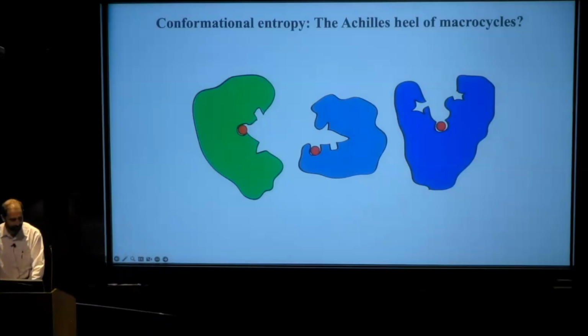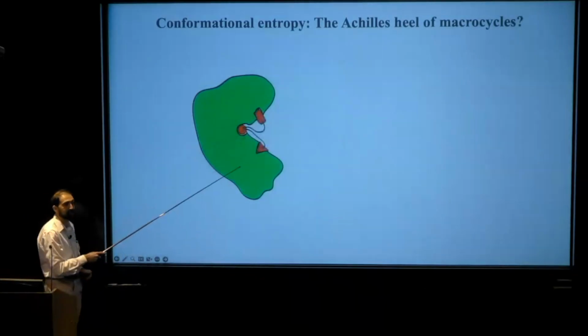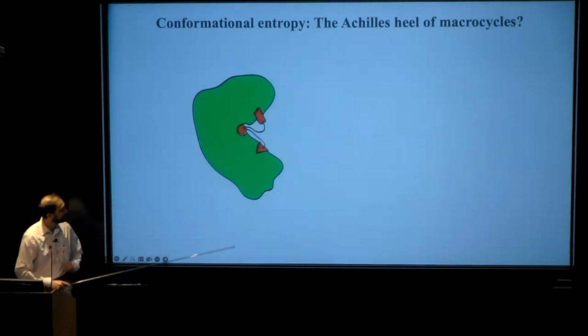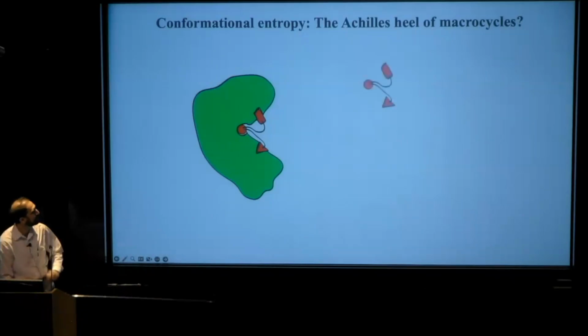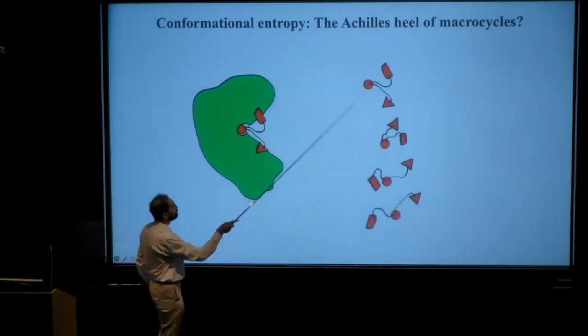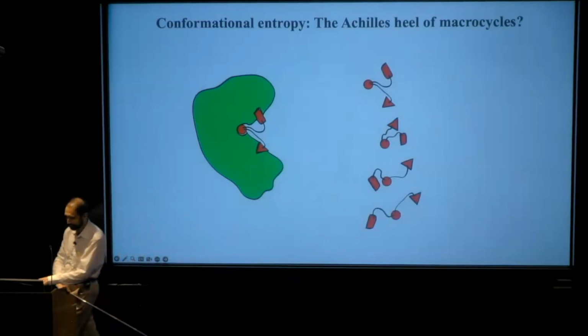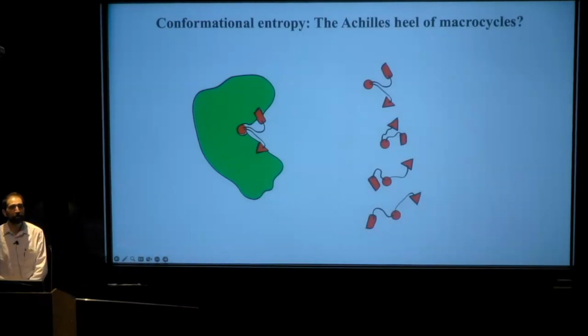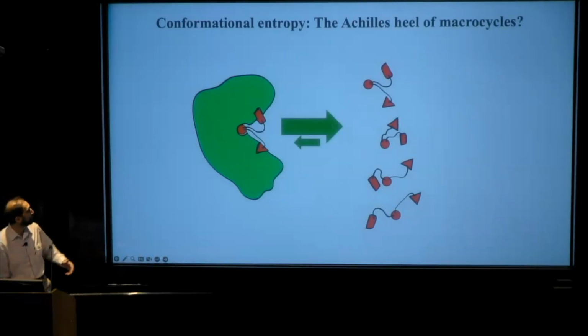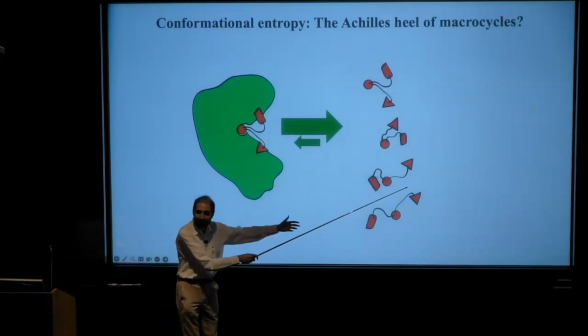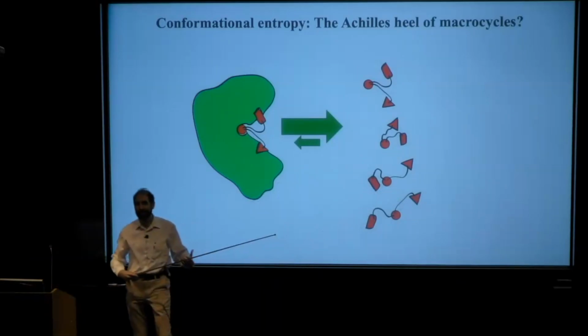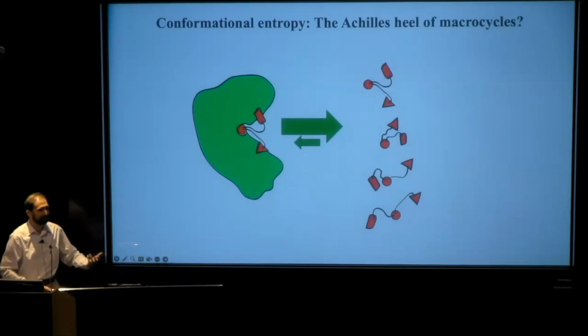So you make the molecule larger and you try and make more specific interactions with your target. The trouble is a larger molecule in this medium-sized range is floppy. And if it's flexible in solution and ordered in the bound state, there's an entropic penalty associated with binding. And that pulls the equilibrium towards the unbound state. So you've made the molecule bigger, but now it doesn't bind as well.